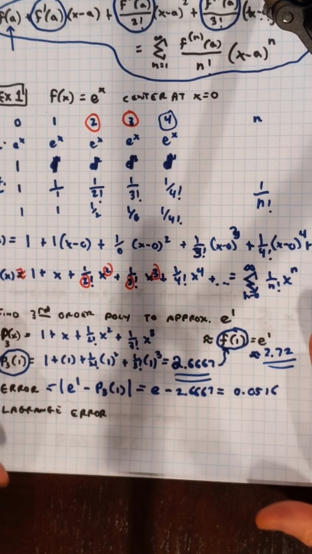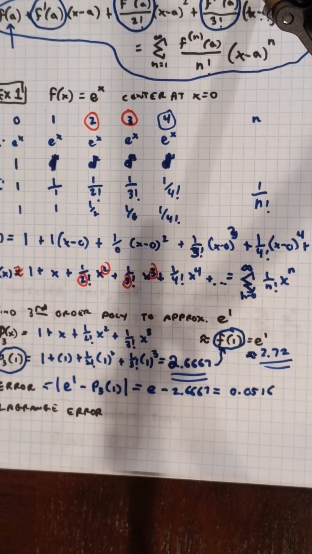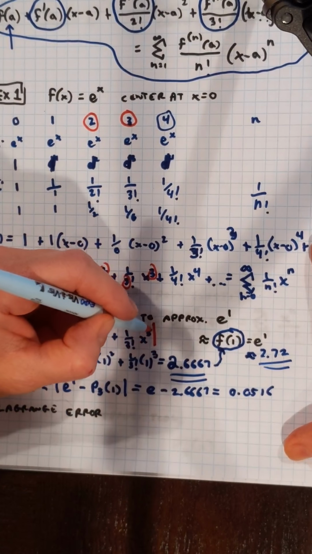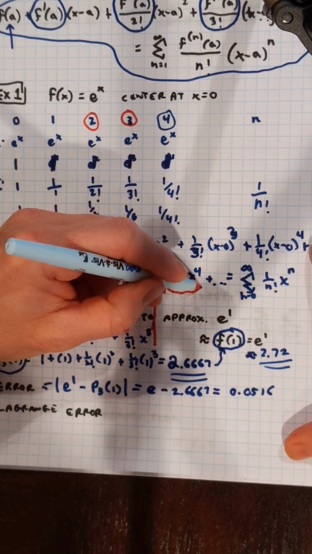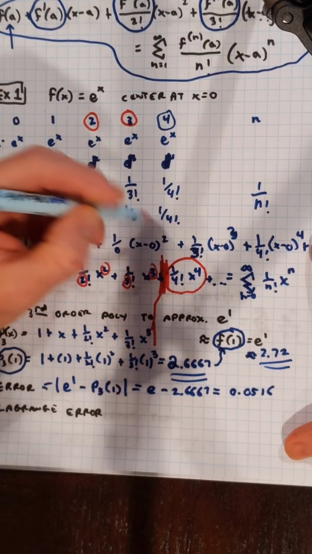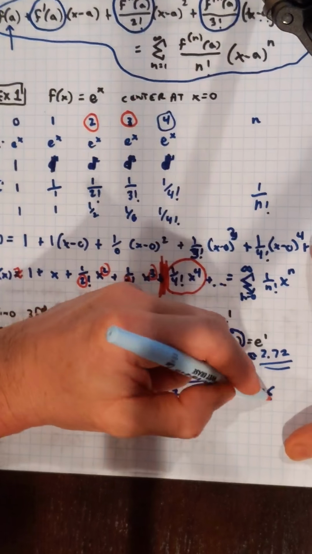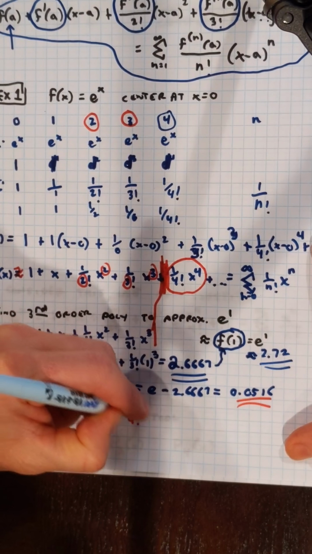Now, Lagrange is my favorite. Lagrange for the third order polynomial. Here's the third order polynomial. So I've gone this far. If I look at this, I've truncated right here. The Lagrange is the very next term. So my Lagrange error, which should be approximately the same as this error, is equal to 1 over 4 factorial x to the 4th.